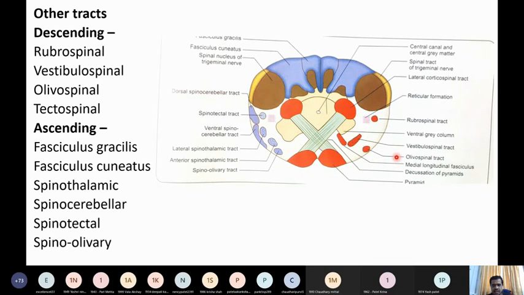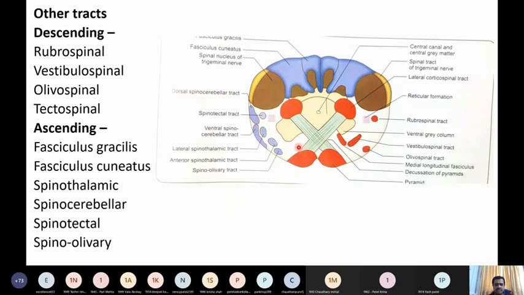The tectospinal tract is included in the medial longitudinal fasciculus. You can see this is corticospinal, the decussating fibers of the corticospinal, and the remaining rubrospinal, vestibulospinal, olivospinal, and tectospinal. They are the other descending tracts.